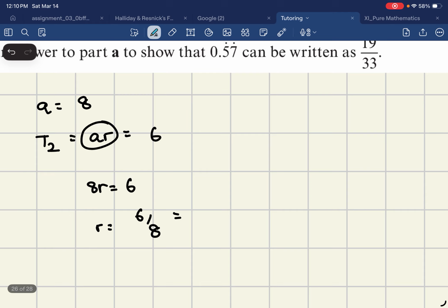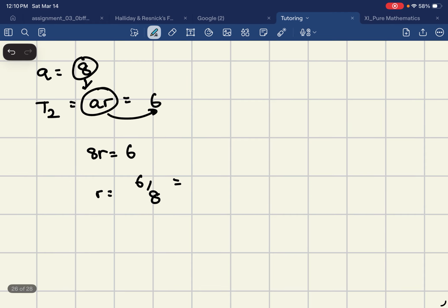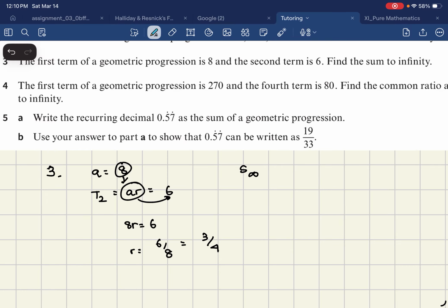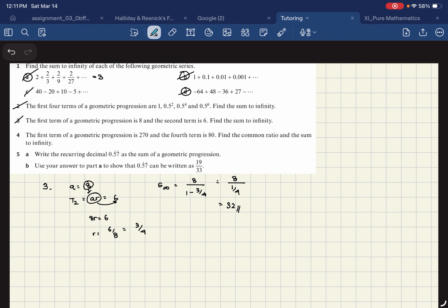I have AR, second term is 6, so I just substitute 8 here. 8R is 6, 6 by 8. So 2 3s are 6, 2 4s are 8, right? So we have R is 3 over 4. And the sum to infinity is just the first term divided by 1 minus R. So that is 1 over 4, and that is just 32, if you simplify. All right.